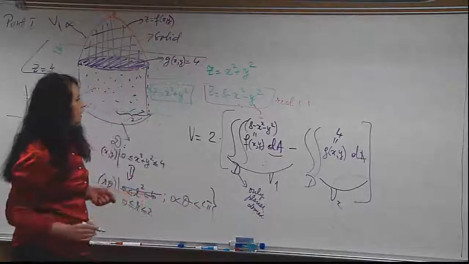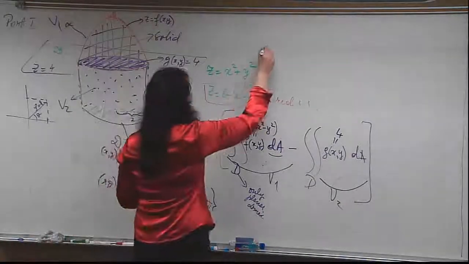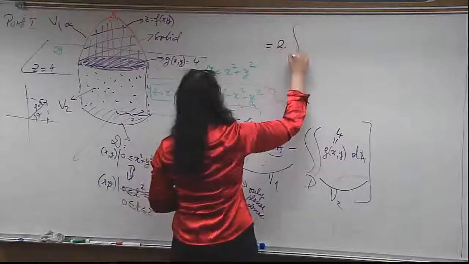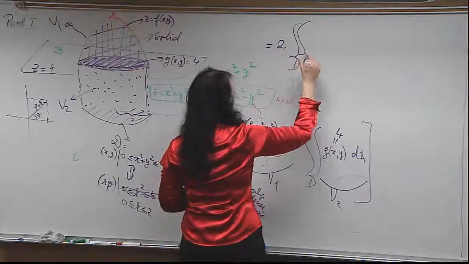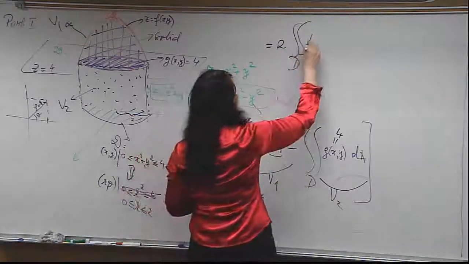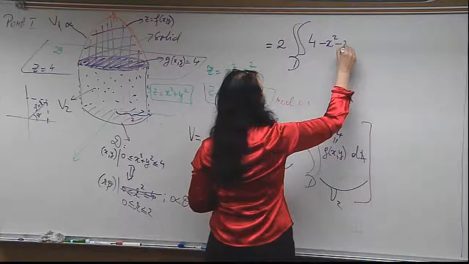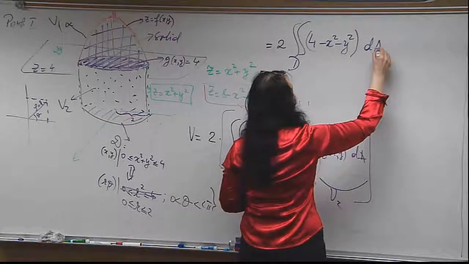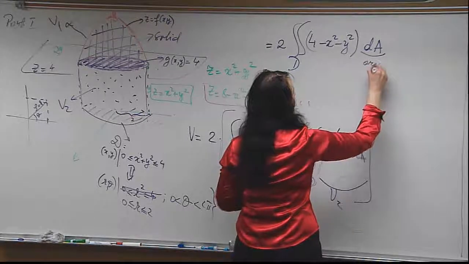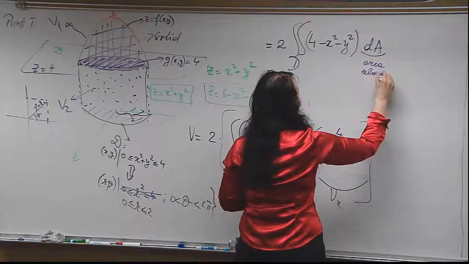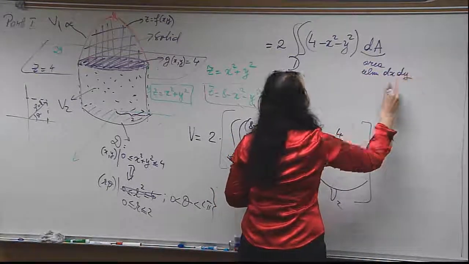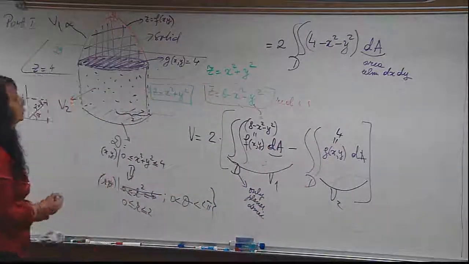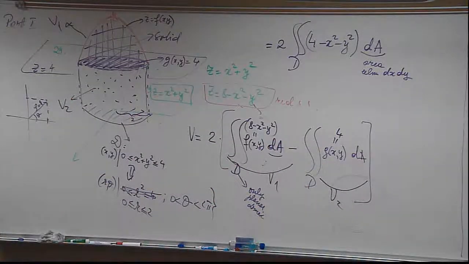Okay, so I'm going to say, I have to integrate 2 times the double integral over D of 8 minus 4, which is 4, minus x squared minus y squared, dA. dA is the area element dx dy. Now, switch to polar. How do you switch to polar?